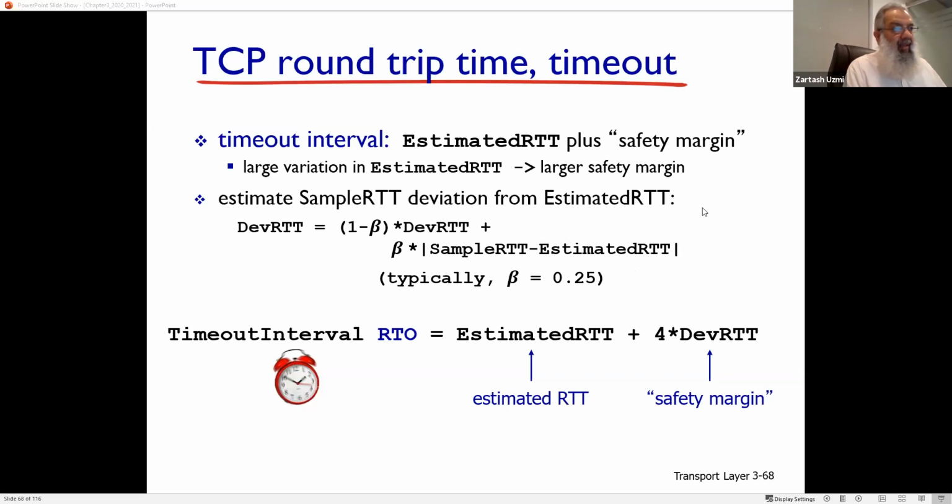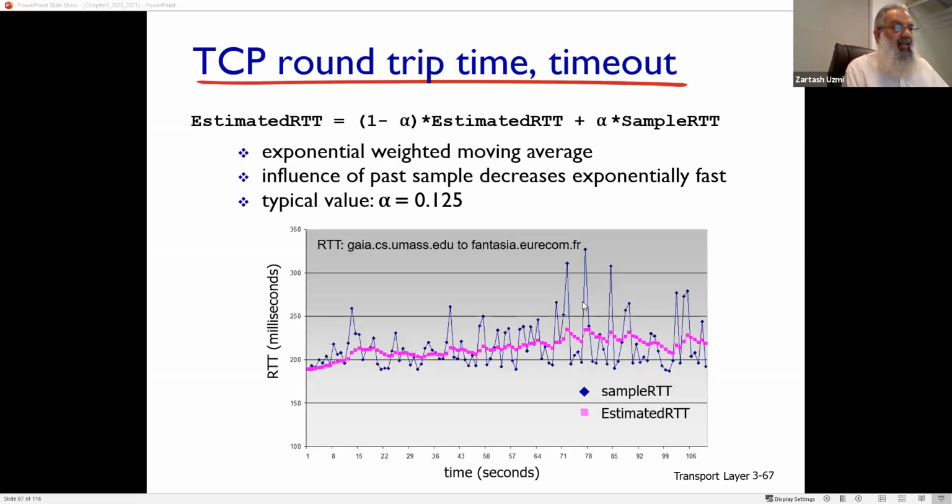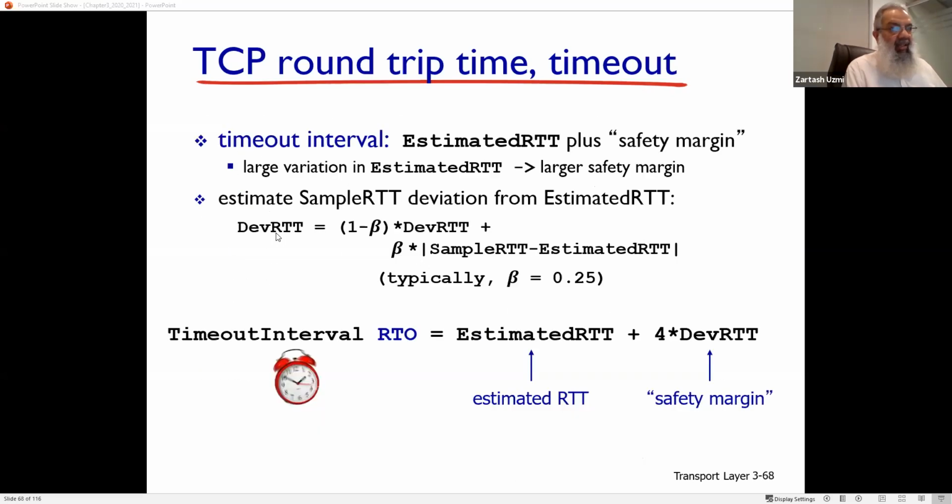But basically, what you can measure is the sample RTT. From different measurements of the sample RTT, you want to come up with a smoothed value, which is called your estimated RTT. And then the difference between this smoothed value and the actual sample RTT is your deviation in the round trip times from sample to sample.